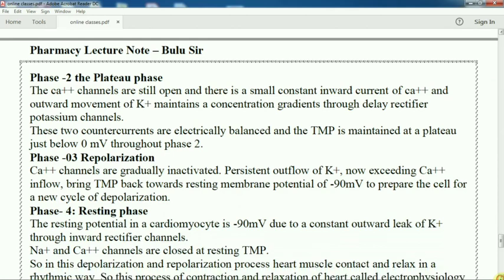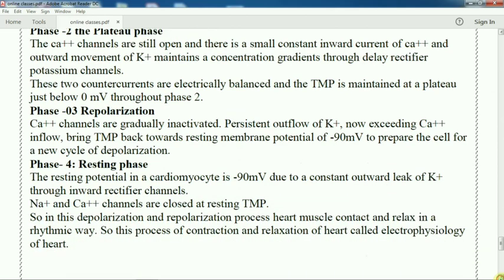The last phase is the resting phase. The resting potential of a cardiomyocyte is minus 90 millivolts due to a constant outward leak of potassium through the inward rectifier channel, and the sodium and calcium channels are closed at this stage. So in the resting position, the sodium and calcium channels are closed.